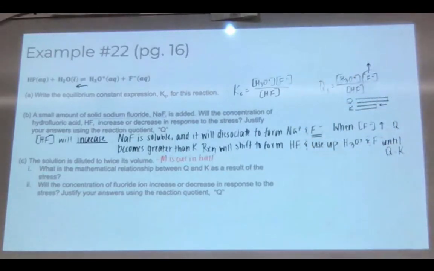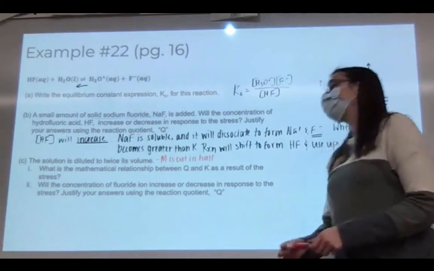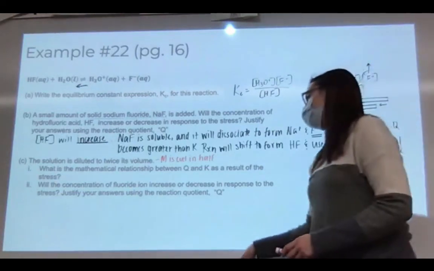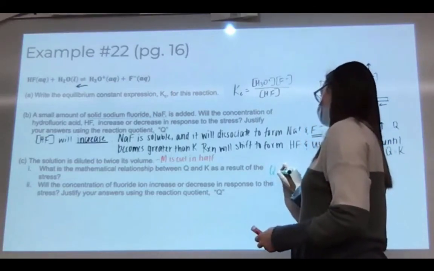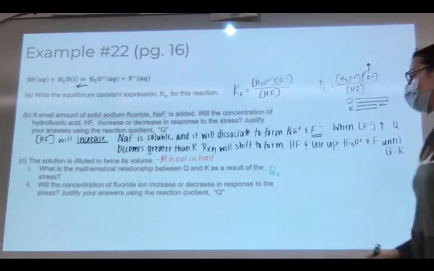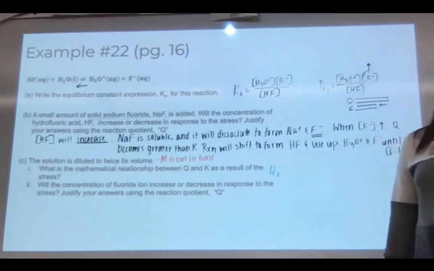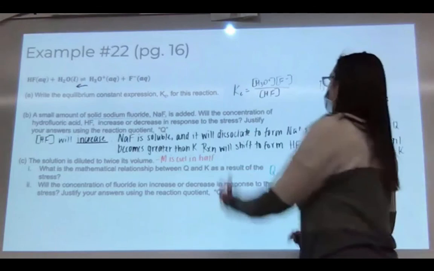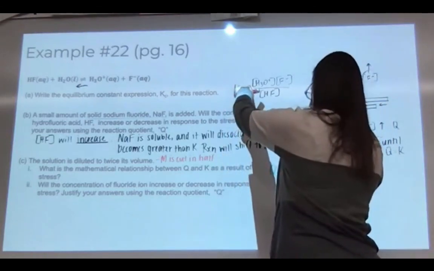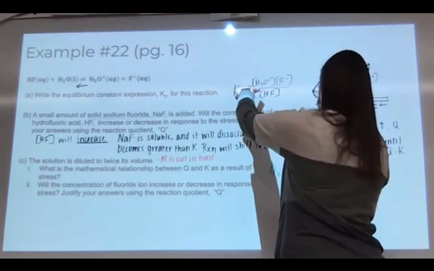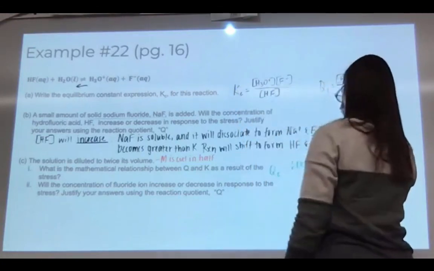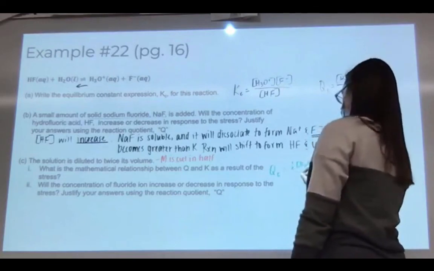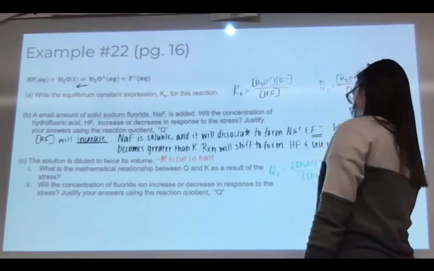So then for part 1, what's the mathematical relationship between Q and K as a result of this stress? So if we look at this, here's Kc, Qc. I just said the molarity gets cut in half. So that means that we have 1/2 of H3O plus times 1/2 concentration of F minus over 1/2 times the concentration of HF.